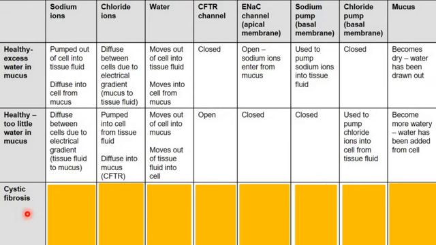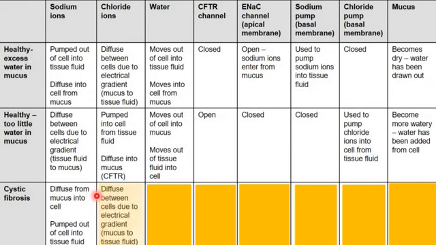So let's compare this to cystic fibrosis. In cystic fibrosis, ions are going to be diffusing from the mucus into the cell, and sodium ions are also going to be pumped out of the cell into the tissue fluid. So this is much like when we have a healthy person with excess water in the mucus. The chloride ions are going to diffuse between the gaps due to that electrochemical gradient, so we're going from the top where there's the mucus into the tissue fluid.